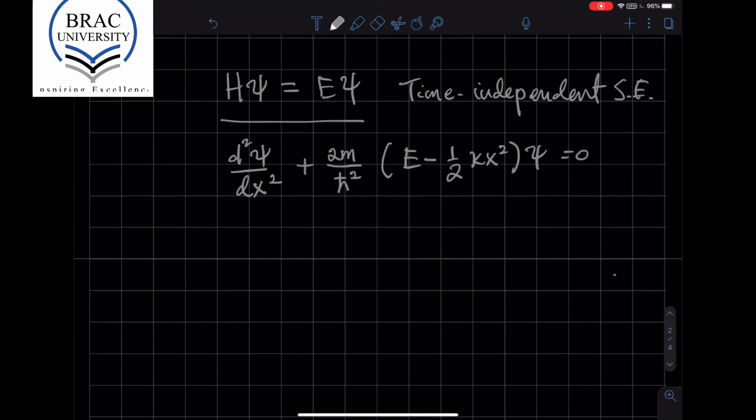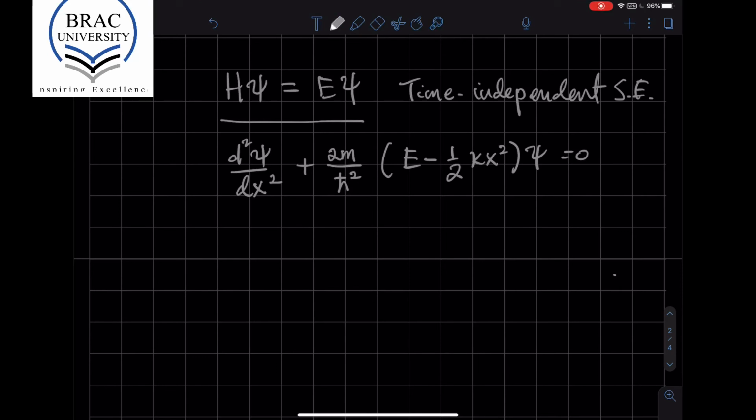Now, this equation as it stands is a little cumbersome to work with because of the presence of all these constants. So we are going to introduce some new units or new variables so that the equation becomes a bit more streamlined.